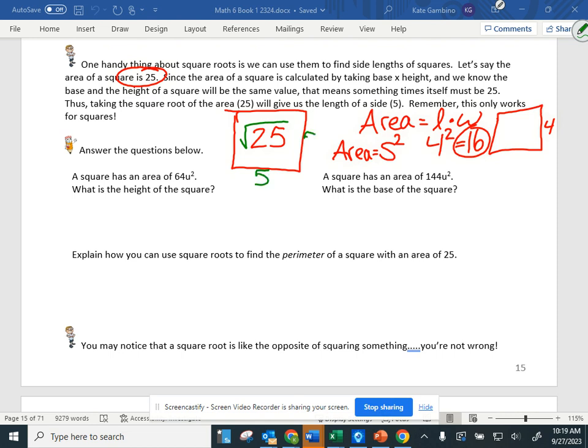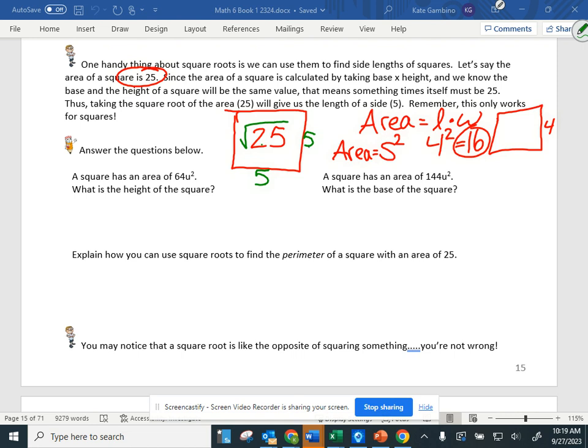Because 5 times 5 equals 25. So if they give you the area of a square, you can find the side length by going backwards and saying, well, I can find the square root of it and know that the square root of 25 is 5, so each side is the length of 5. Because 5 times 5 is 25.